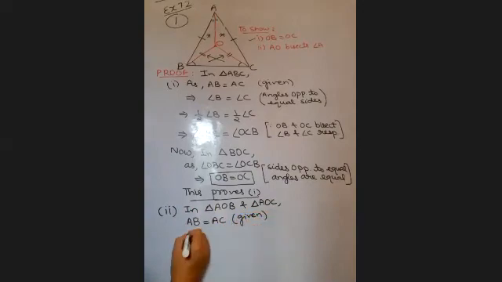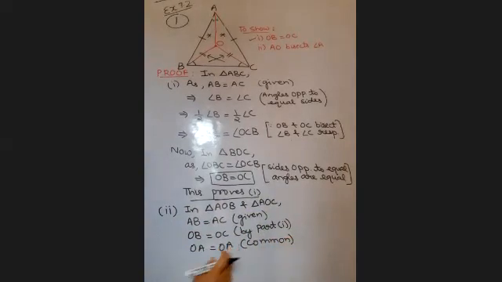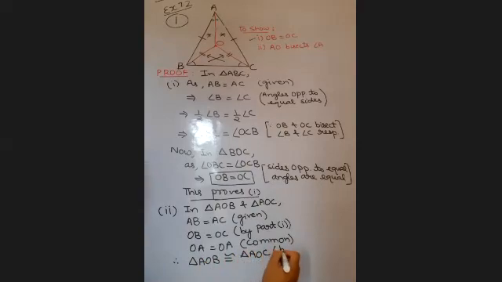AB equal AC, this is given. OB equal OC by part 1. OA equal OA, this is common. Therefore, triangle AOB is congruent to triangle AOC by side, side, side. Clear?